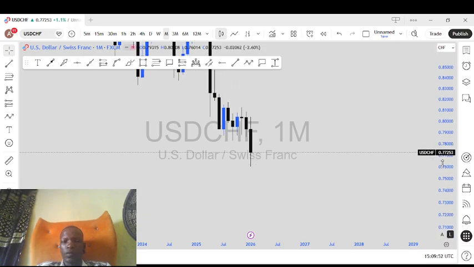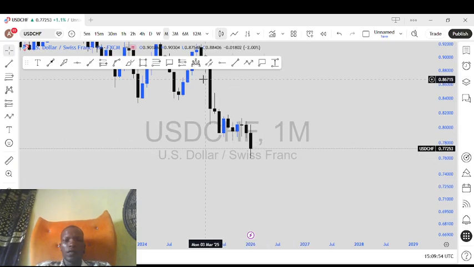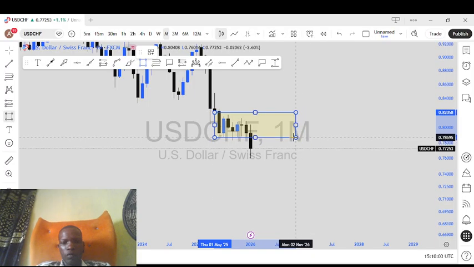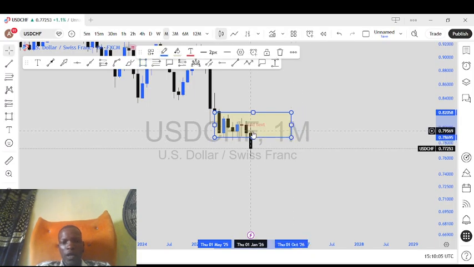We see that this market is giving us accumulation. All this phase is what we call the accumulation phase. We see manipulation before distribution. Why did I say this will be manipulation?